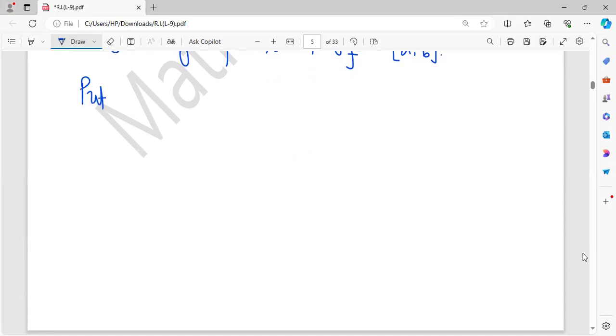So put I equal to the integral of f from a to b. So this belongs to R.